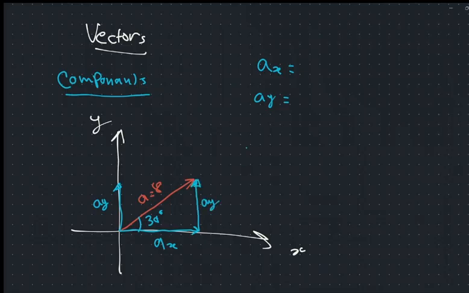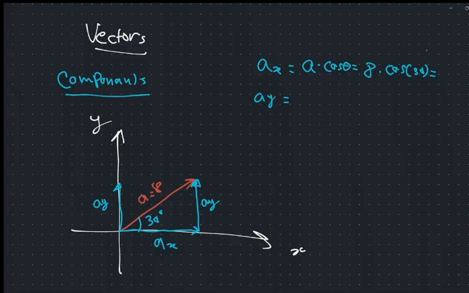The way to find it is, since we have this angle 30 degrees, we can use cosine and sine. So AX is going to be A times cosine of the angle theta, so 8 times cosine 30. And we know that cosine 30 is equal to square root of 3 over 2.